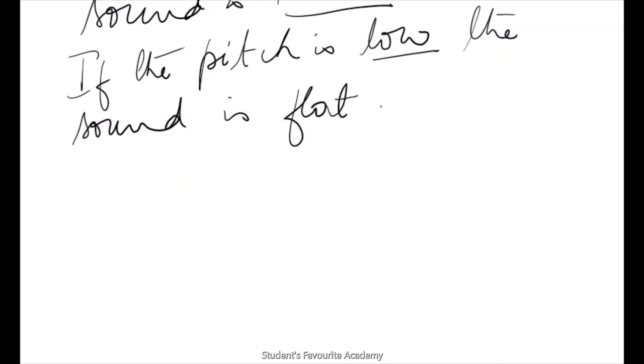Okay. So, pitch of a note depends upon the frequency. Two notes sounded on the same instrument with the same amplitude will differ in pitch when their vibrations are of different frequencies.